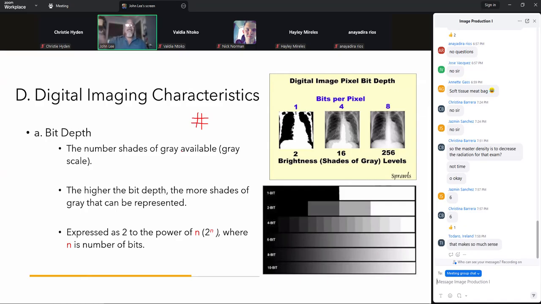So that represents a 1-bit system. In place of that pound sign, there can only be a 0 or a 1. In a 1-bit system, if we convert those to shades of gray, it is either black or white. So there's only two values of shades of gray.